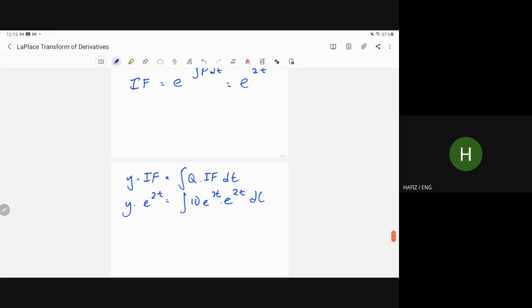You can bring out the 10. This one you add up to be 5t.